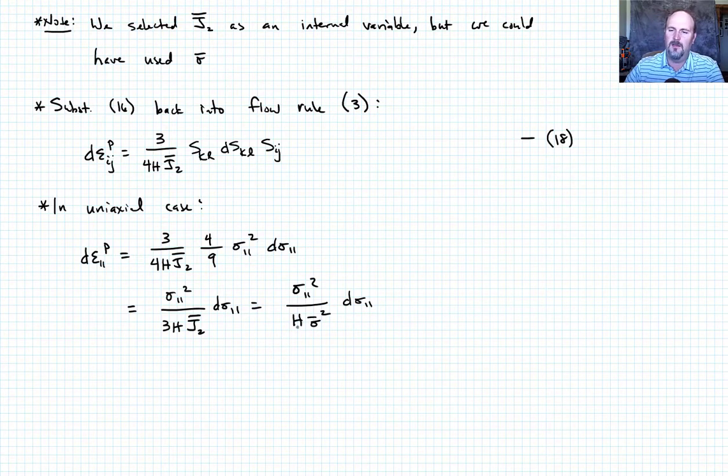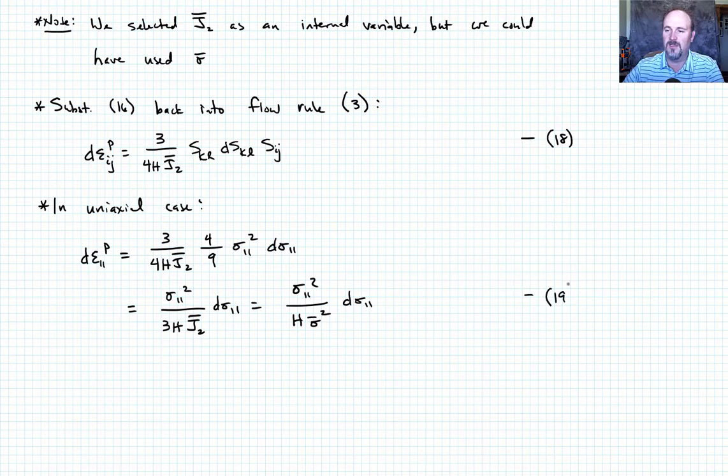And you can do a gut check here and see, well, obviously on the load up, sigma 1 is tracking with sigma bar, so this actually becomes 1, and we're left with that the plastic strain increment in the 1 direction is equal to d sigma 1 divided by the plastic modulus, which is in fact just the definition that we had originally given for the plastic modulus in the first place.